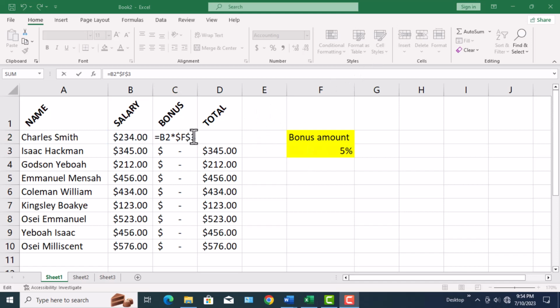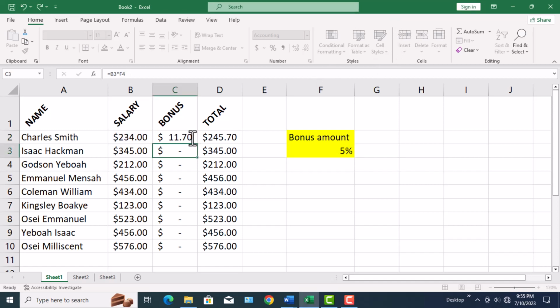This means that I am locking column F and row 3. If I lock it, this cell will never move, no matter the movement of the other cells.